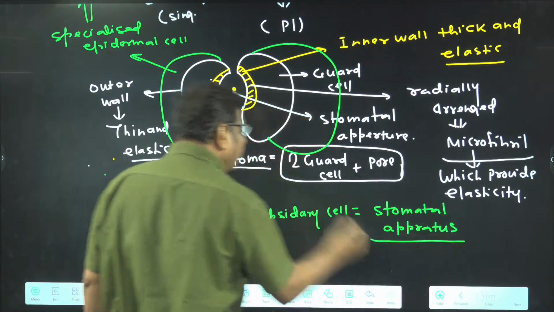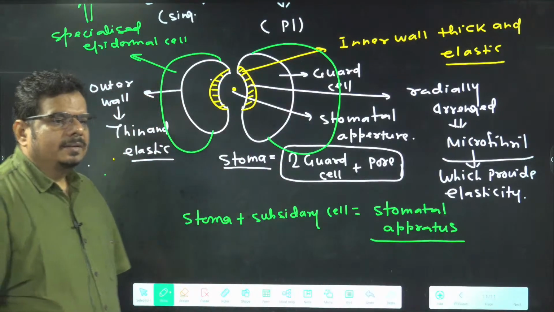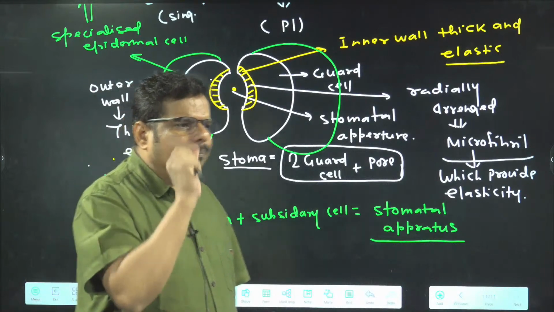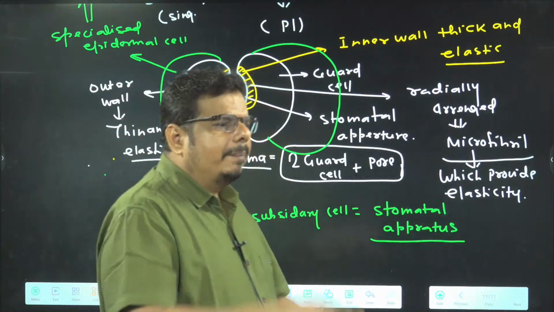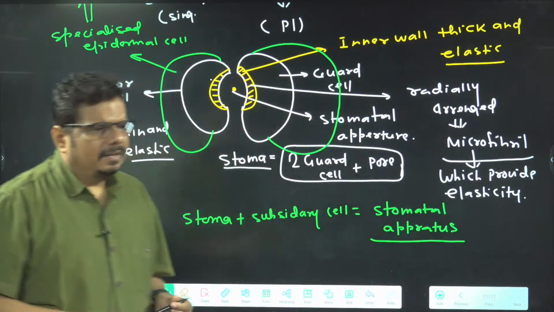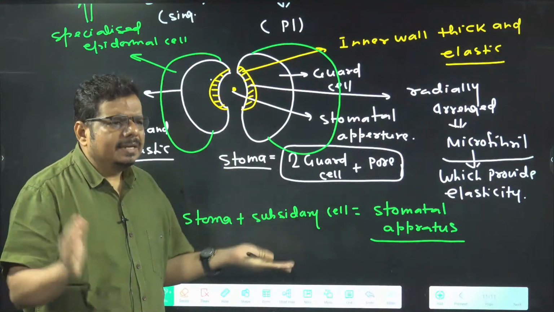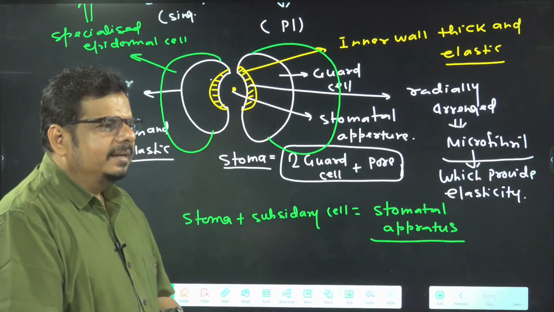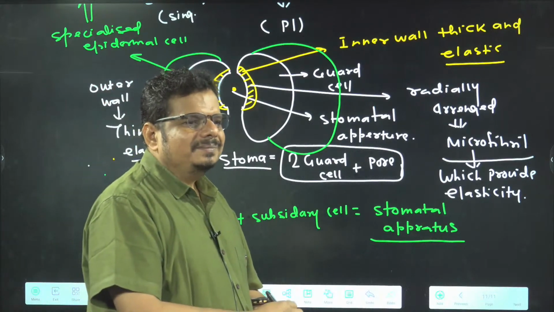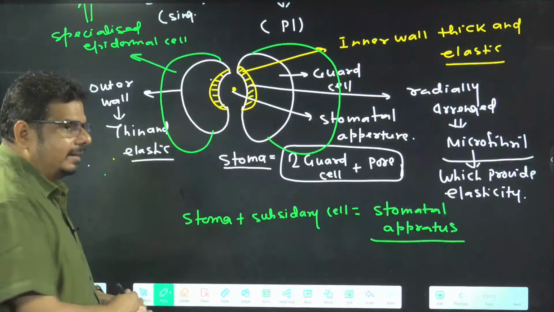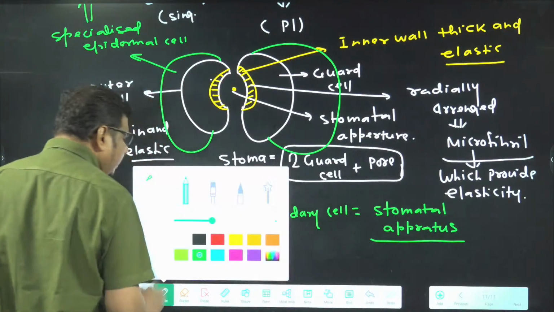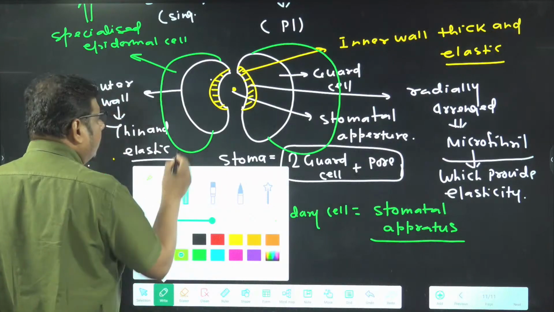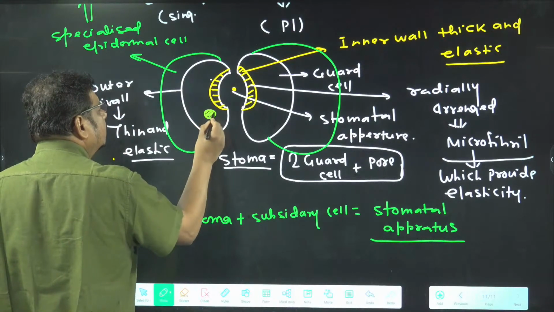So the stomatal aperture is a pore. A stomatal apparatus is what? A stoma along with the subsidiary cells, the specialized epidermal cells.